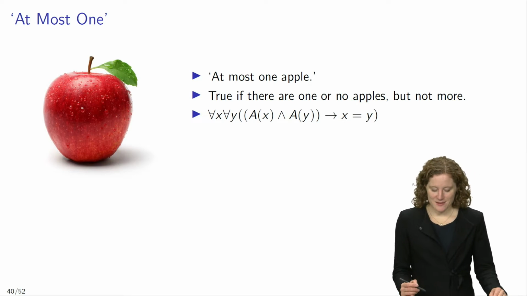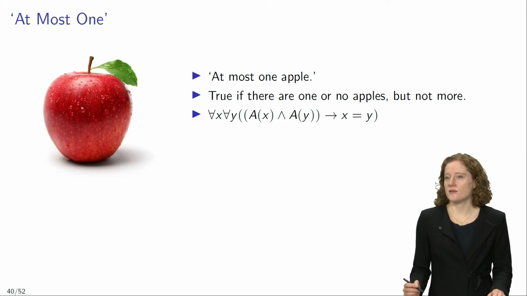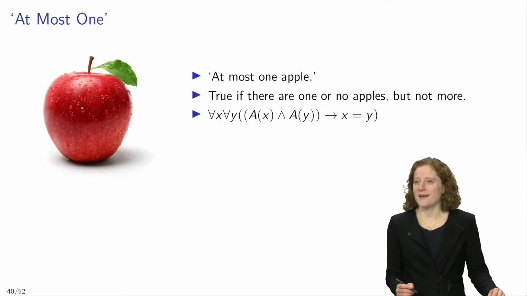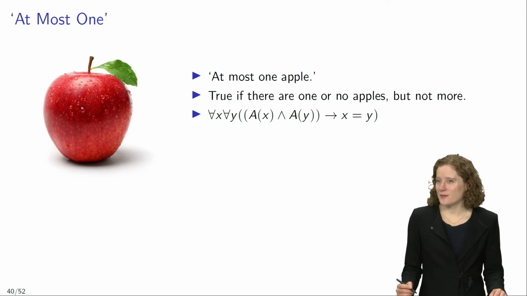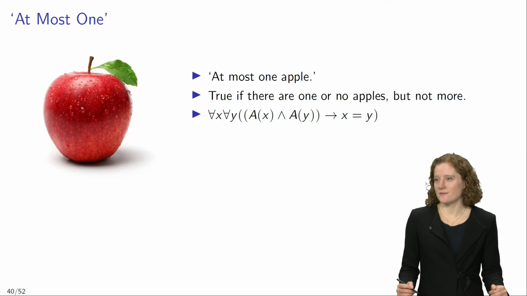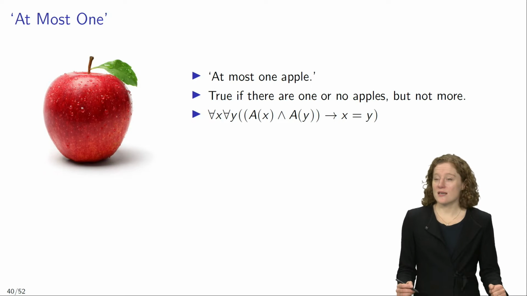Now, to symbolize this sentence, you need to use universal quantifiers. Specifically, you need to say that for all x and for all y, if x is an apple and y is an apple, then x is identical to y. So this sentence is true if there are no apples whatsoever, and it is also true if there's one apple, but it is false if there's more than one apple. And that is exactly what we want to say.